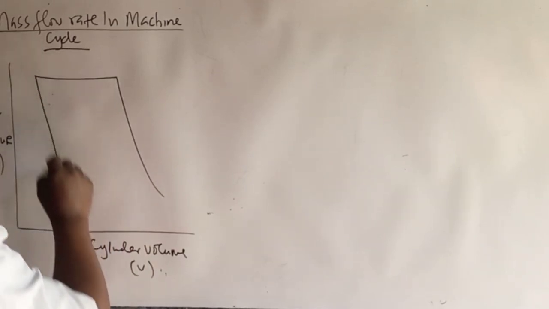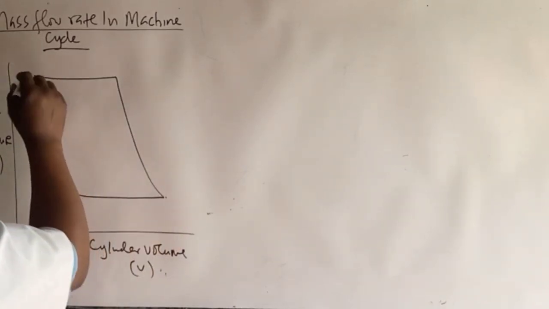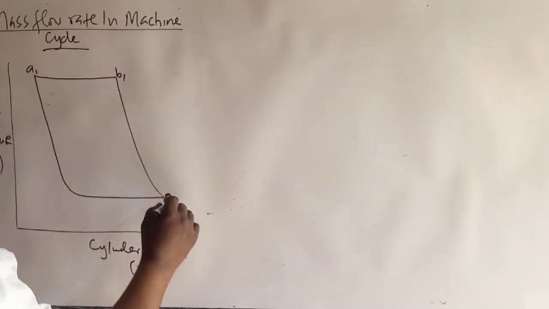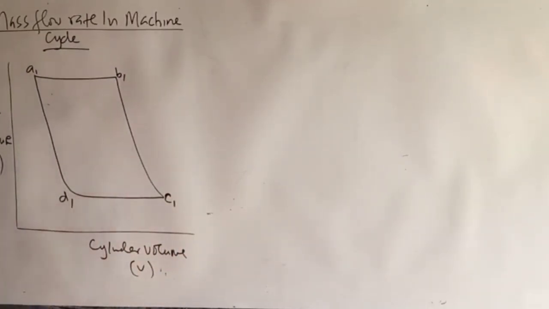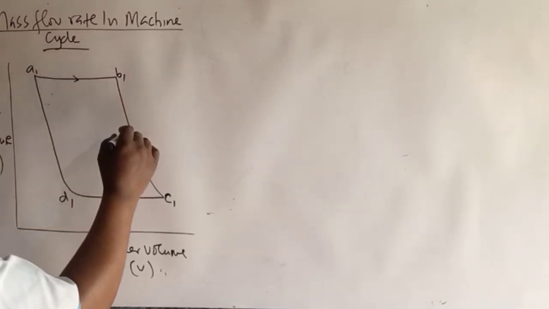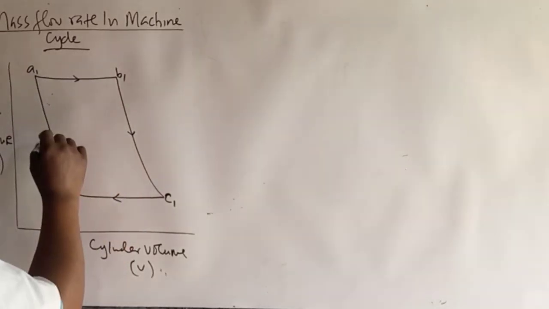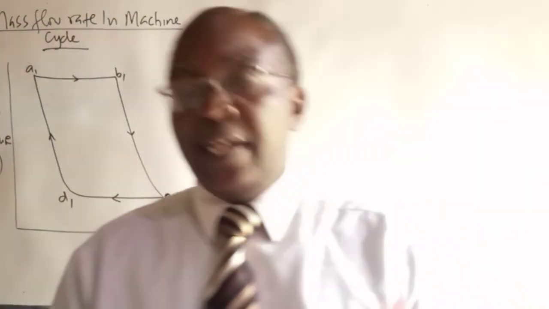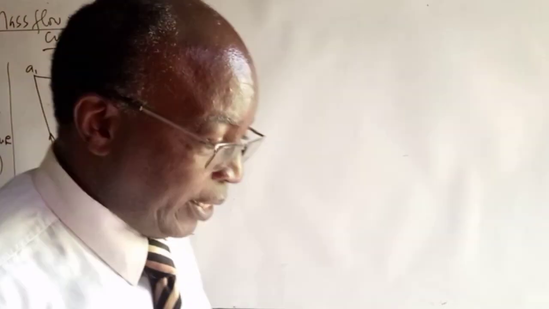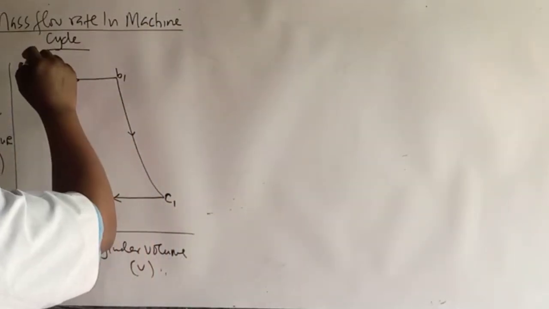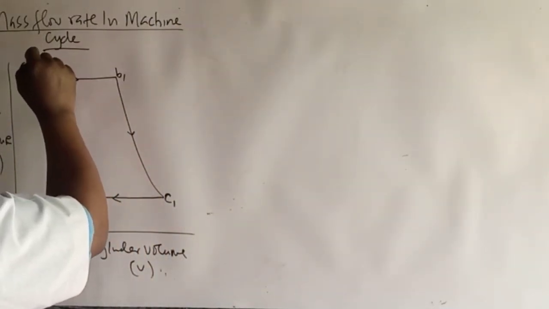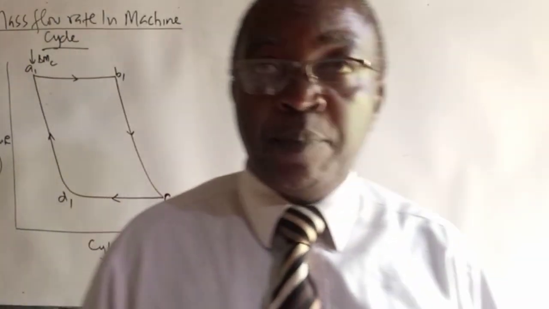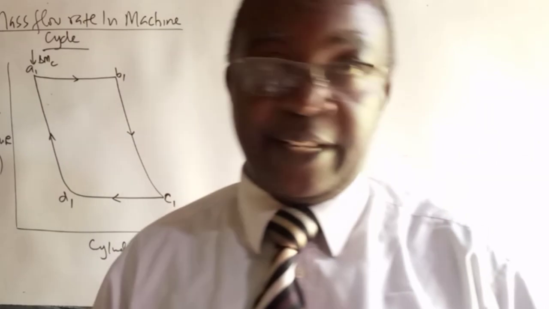So let's look at an idealized machine cycle. We have state points A1, B1, C1, D1. And like we had said, when we're talking of the piston cylinder model, we had the inlet and outlet valves, and we said that we can inject fluid and a complementary fluid which will occupy the clearance volume.